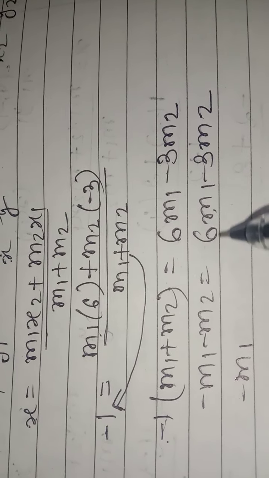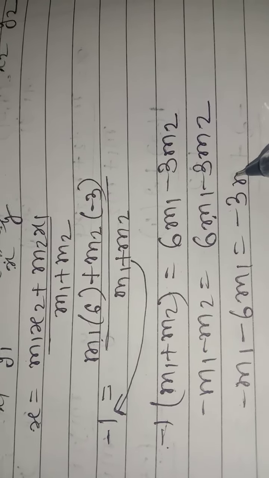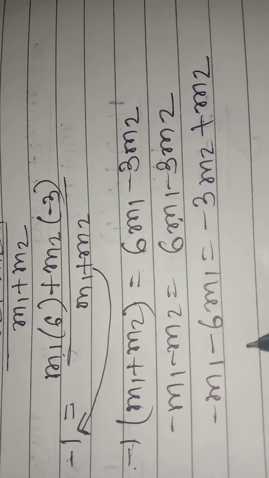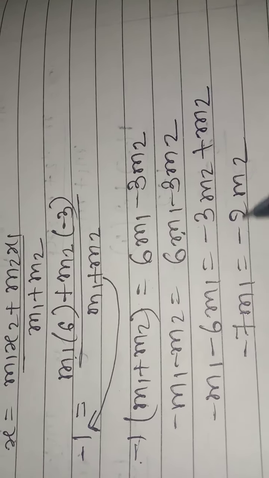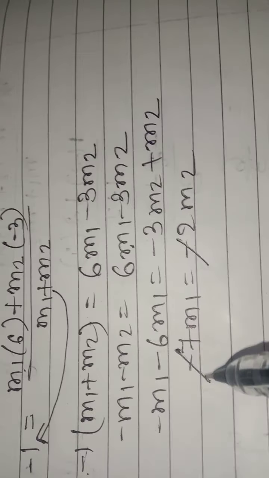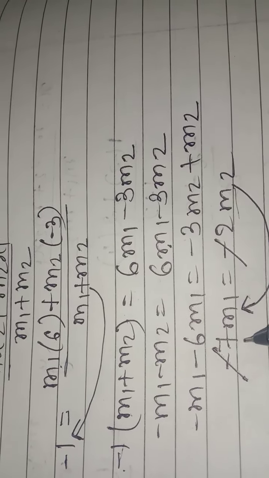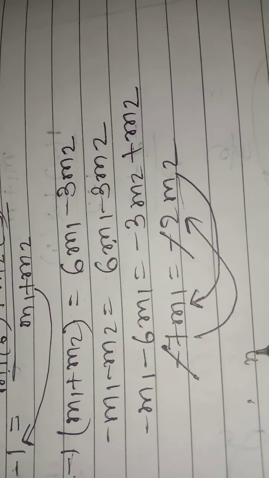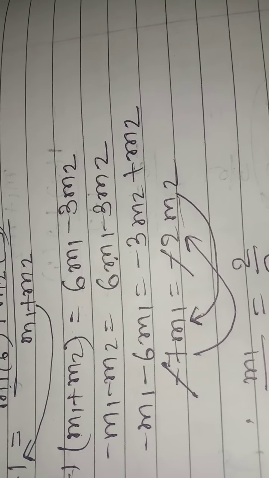Minus m1 minus 6m1 is equal to minus 3m2 plus m2. Clear? Now it is minus 7m1 equals minus 2m2. Cancel the minus. Now do one thing: take m2 to the denominator of m1 and 7 to the other side. So we get m1 upon m2 is equal to 2 upon 7.